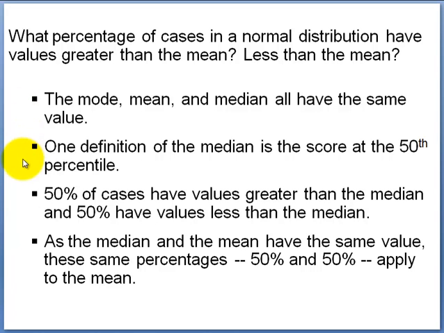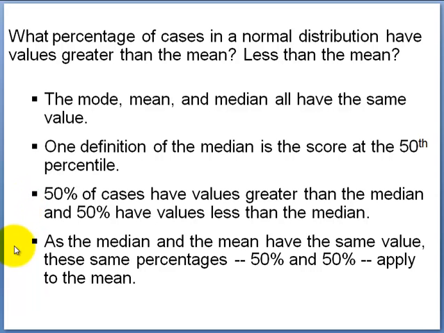Thinking back to Chapter 4, one definition of the median is the score at the 50th percentile. If a score is at the 50th percentile, that's conveying that 50% of scores are higher and 50% are lower. So therefore the median is at that 50th percentile, and indeed it's 50-50 for the median.